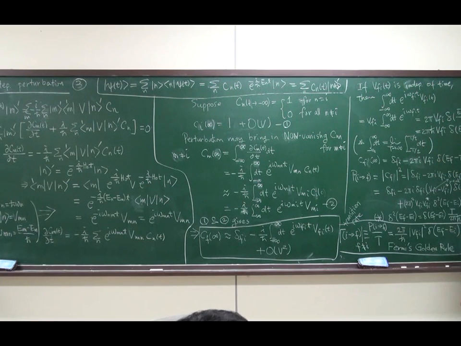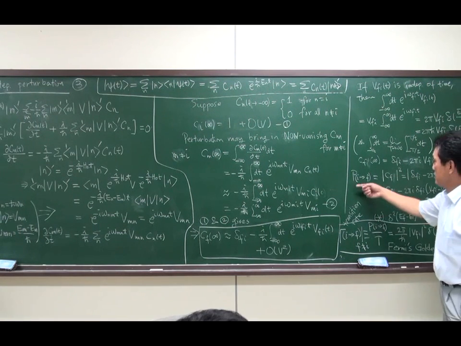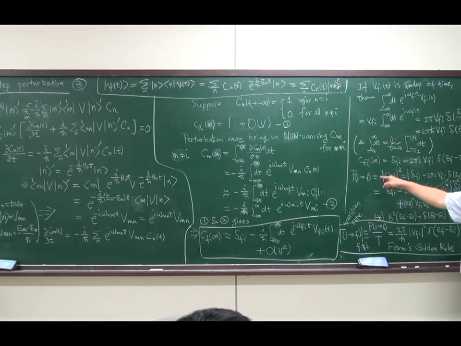What about the probability of the initial state making a transition into a final state? That is just the square of this amplitude. If I square the amplitude, this is a complex number squared, so this guy multiplied by its complex conjugate.